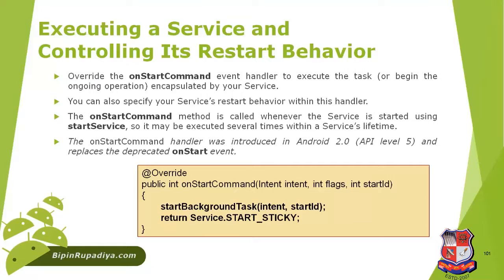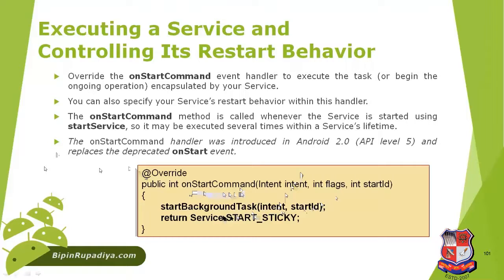It's an unbound service. Here we have put a code snippet of onStartCommand that has three parameters: intent, integer flag, and integer start id, where we call a user defined method, that is startBackgroundTask, to which we pass the intent and start id as arguments.